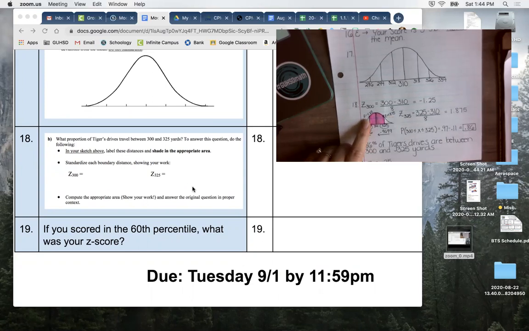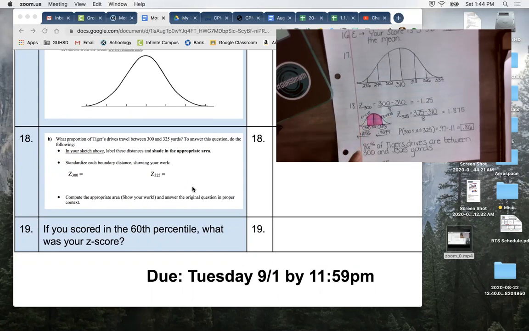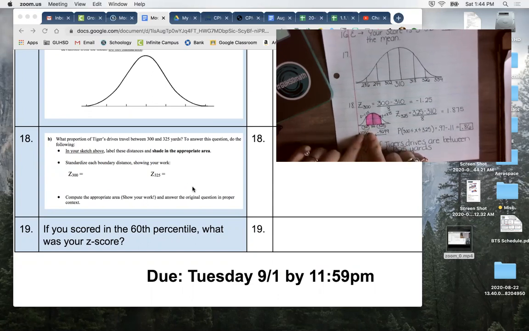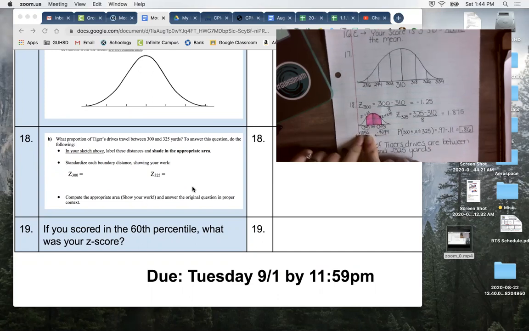My last step is to look up those two values in our table. So I find my table and I look up this z-score of negative 1.25 and I get 0.1056, or about 11%. About 11% are below this. I look up a z-score of 1.88. So positive 1.88, and I get 0.9699, which is 97%.